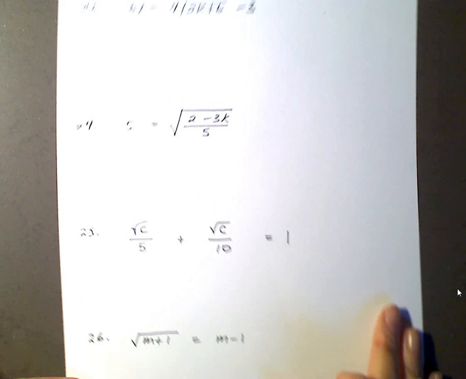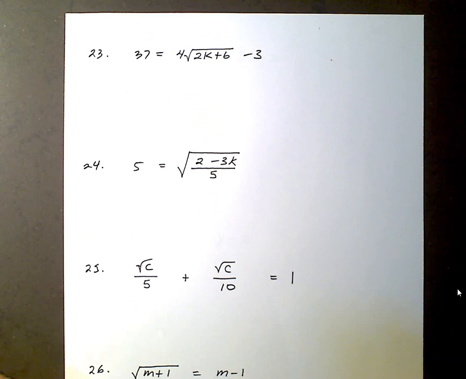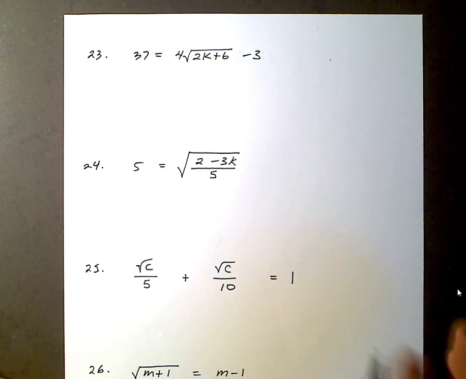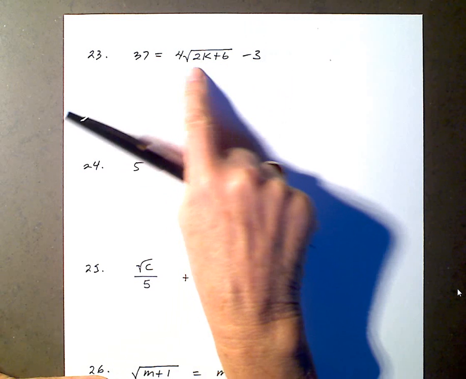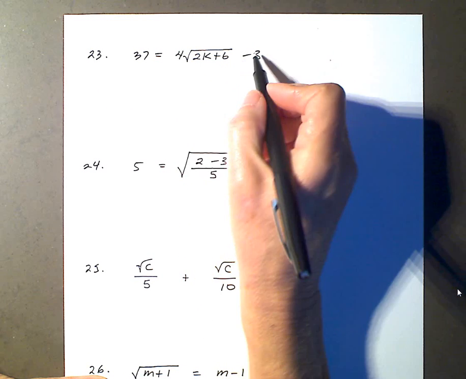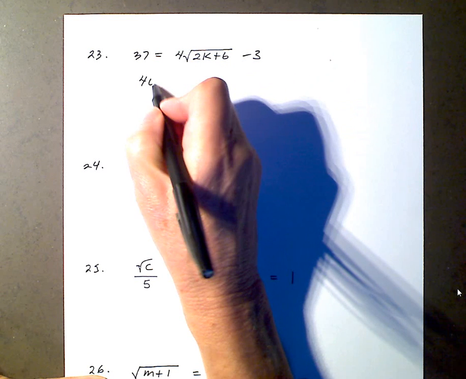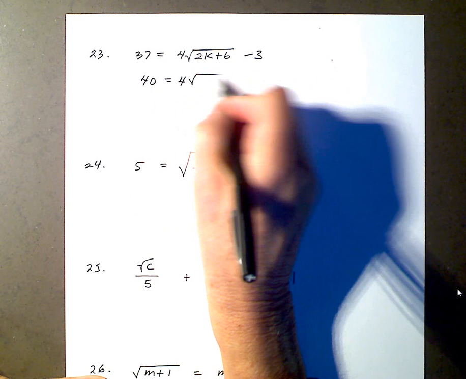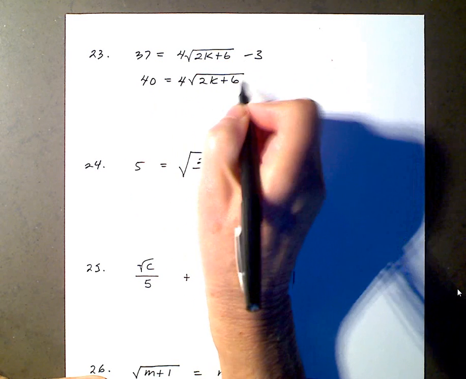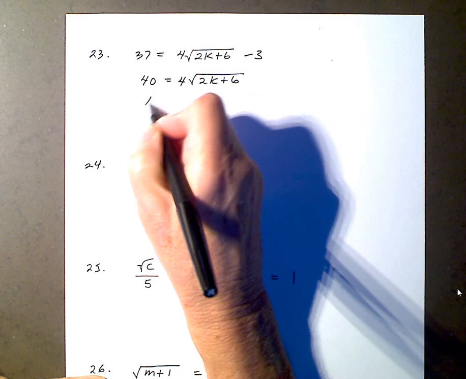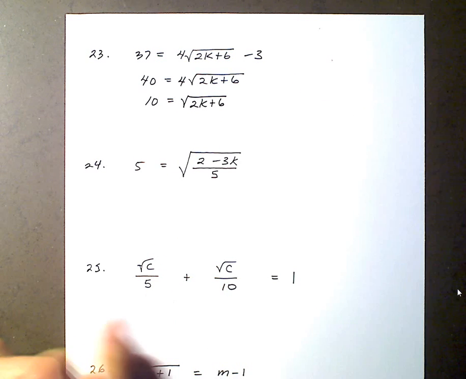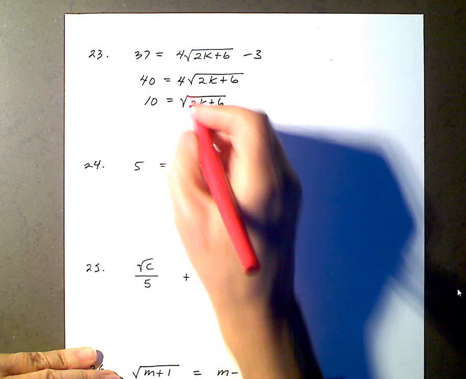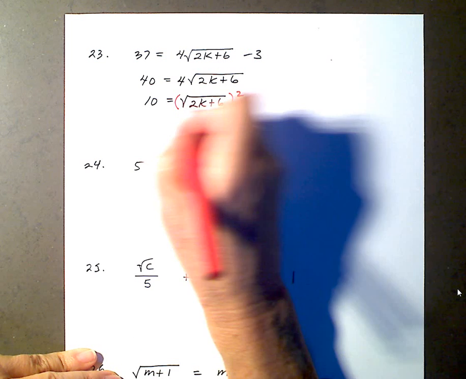So let's see here. Our next problem, I'm supposed to find the value of k under the radical here, so I'm going to isolate this radical expression. I'm going to add 3 to both sides, divide both sides by 4, and then do the inverse of taking the square root by squaring both sides.